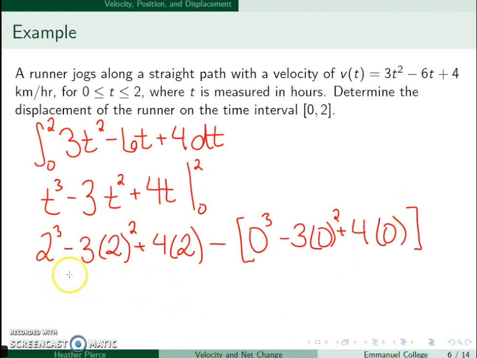If we work this out, we get 8 minus 12 plus 8 minus 0, which is going to be 4. So the total displacement of the runner after 2 hours would be 4 kilometers.